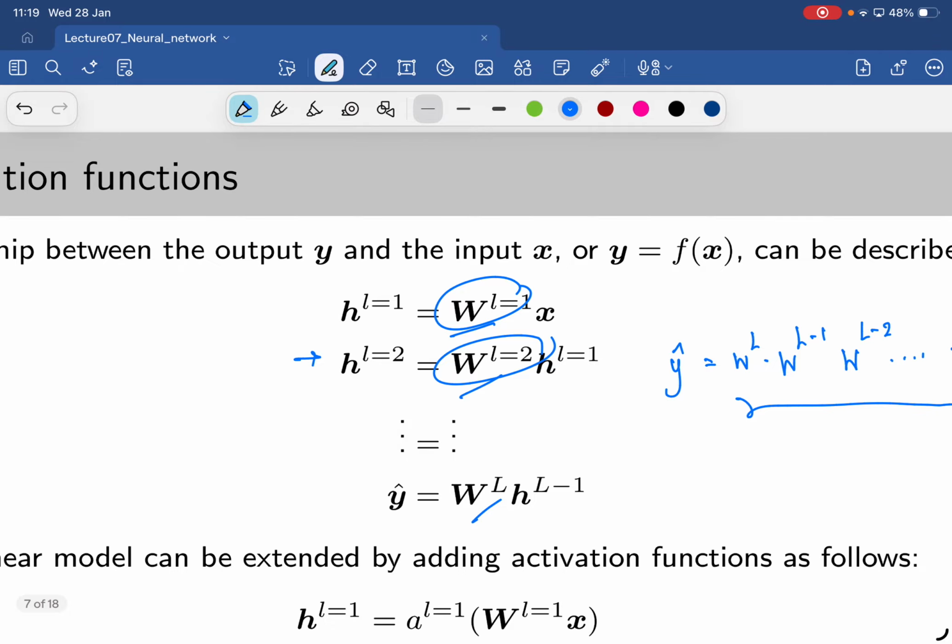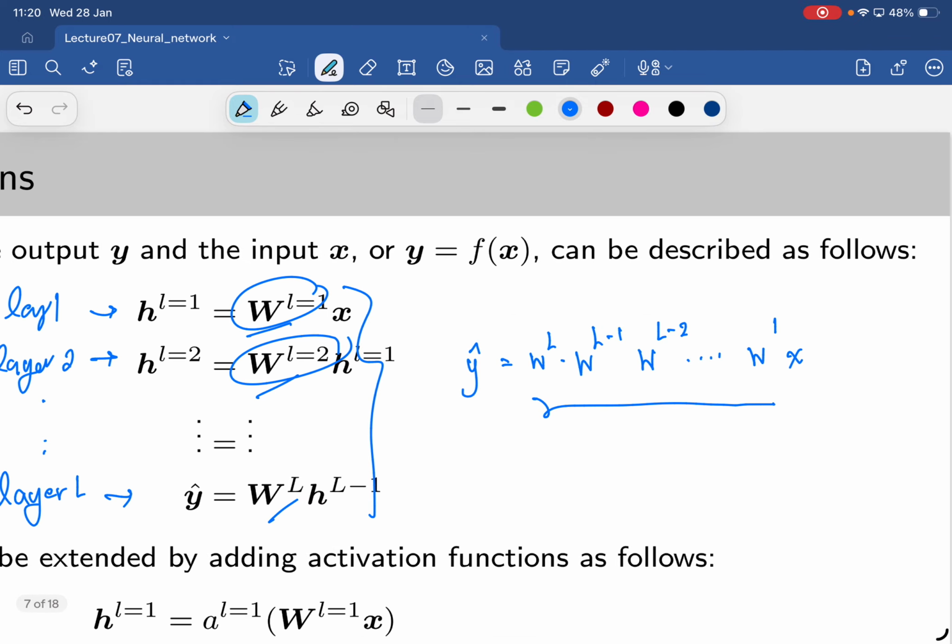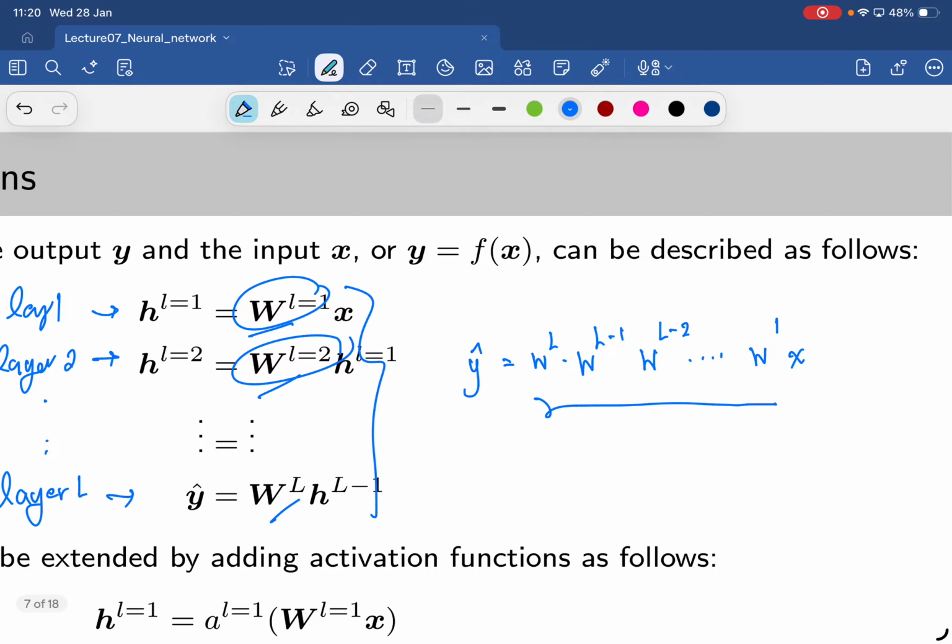So all of these linear multiplications, we call them linear layers: this is layer 1, this is layer 2, and so on up until layer L. And as you can see, the more layers you have, the more complicated the weights become, because you multiply all the weights together.